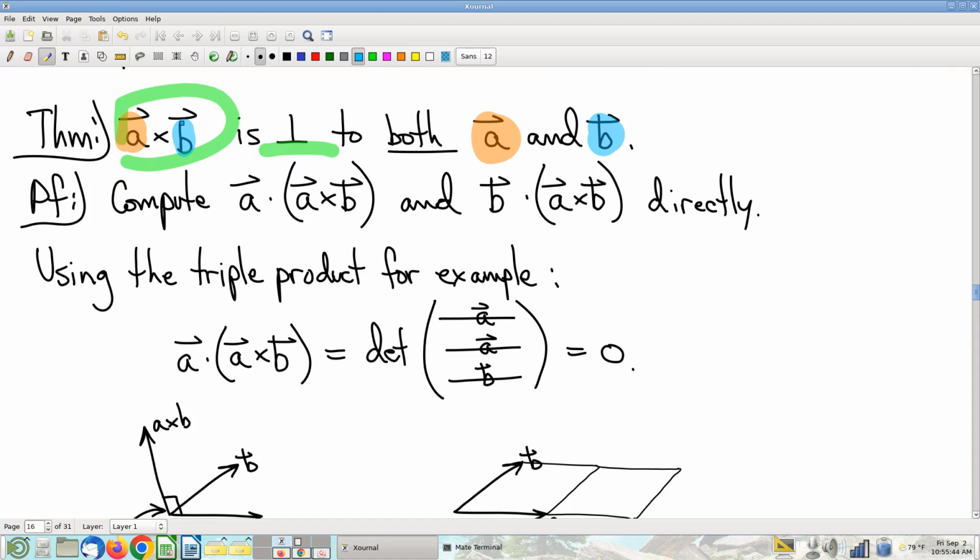Another way to say that: if you find yourself needing a vector that is perpendicular, or orthogonal, to both of a pair of vectors, use the cross product. It already is known to have that property.